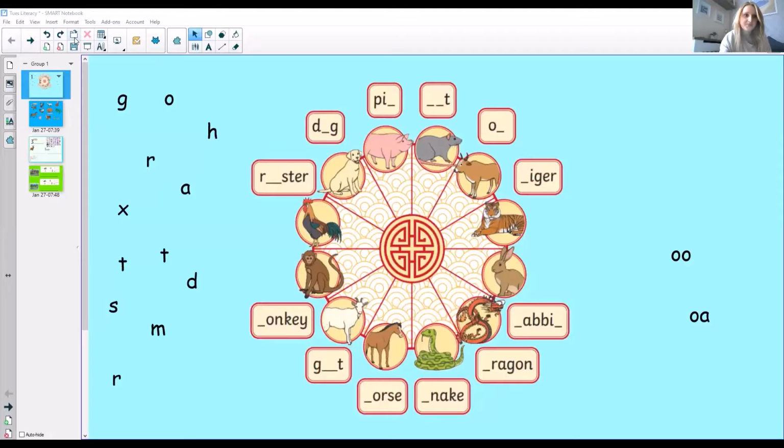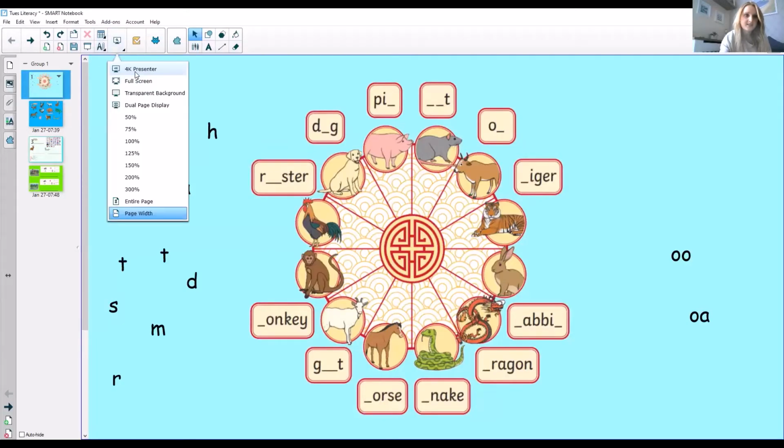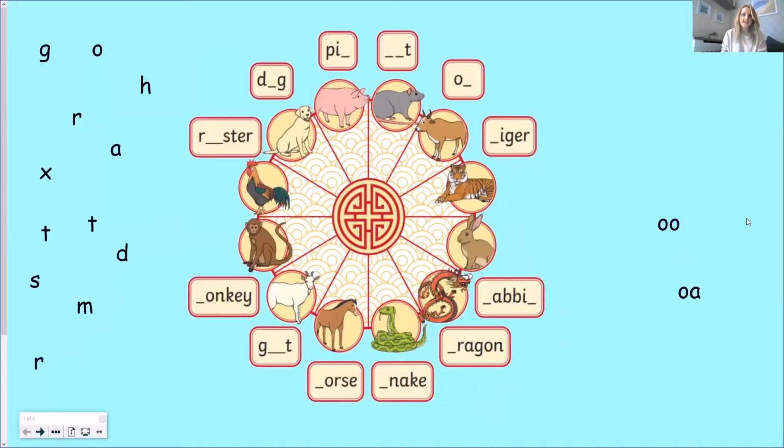And here it is. Ready for you. Okay. Here are all 12 of the animals from our Chinese zodiac story. I wonder if you remembered all 12 of them. Well, here they are. But the only problem is we have some missing sounds, and I would like your help to fill in the missing sounds.